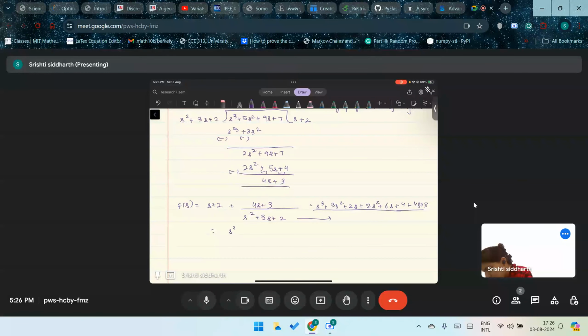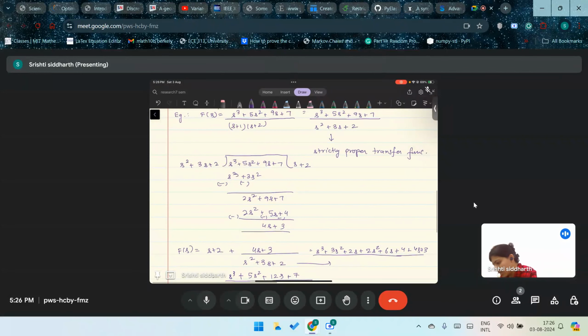This is s cubed, we have 5s squared, then 12s... Alright, so this is incorrect. Let's check again. We have s times the denominator, then 2s squared plus 9s plus 7.